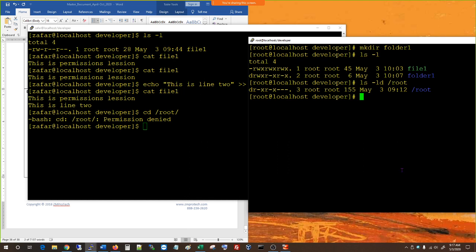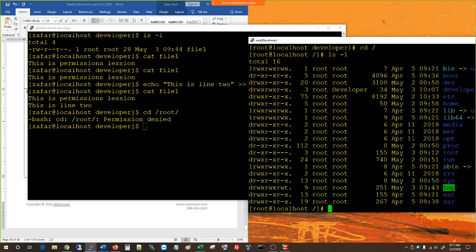So let's take a look at these permissions here. Slash root has permissions for all of them, right? If you look in here, all of them have execute permission except the root user folder.